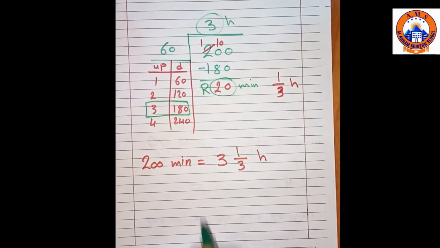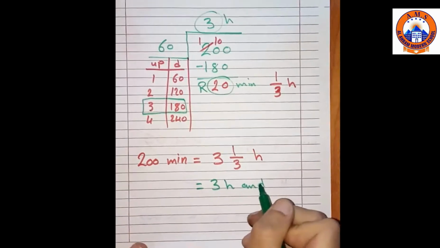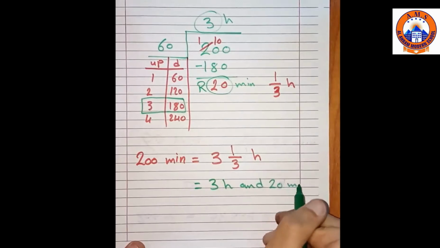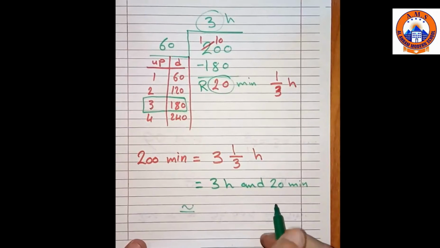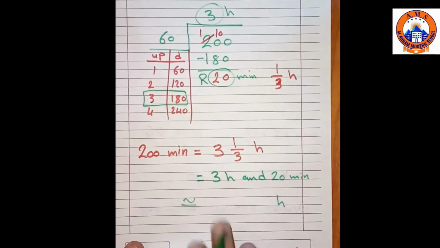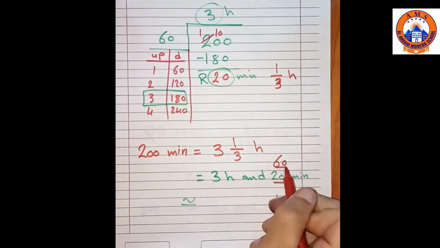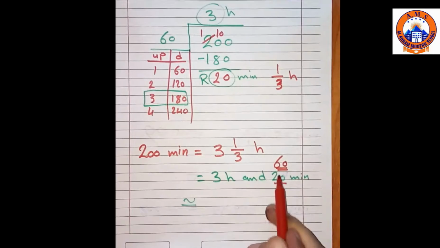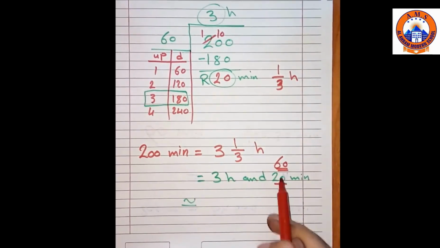Or you can write it as 3 hours and 20 minutes. So let's approximate to the nearest hour. We already have 3 hours, but can 20 minutes be considered an hour, 60 minutes? Is 20 close to 60? Of course not, because 20 is too small to be 60.